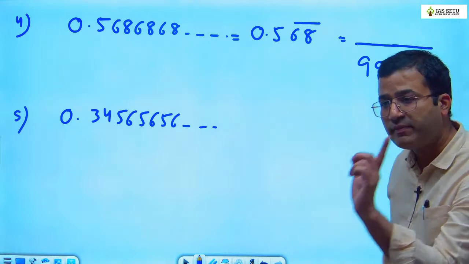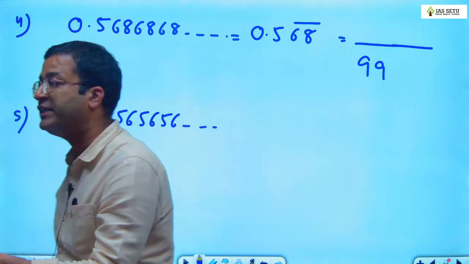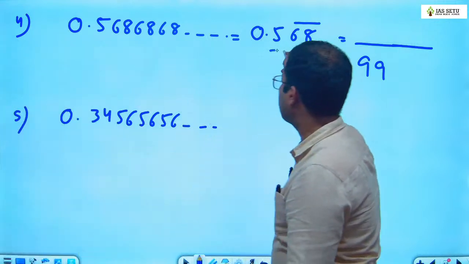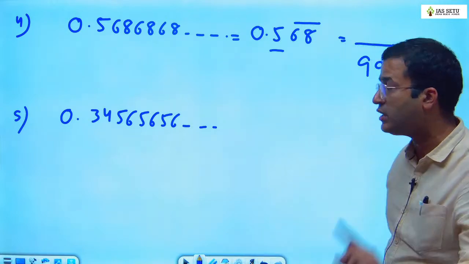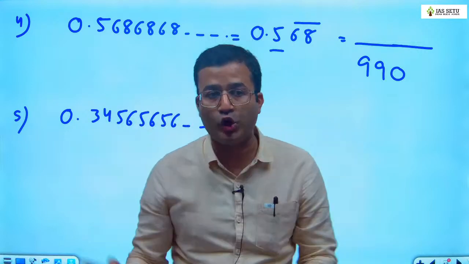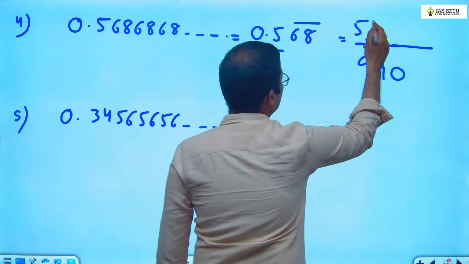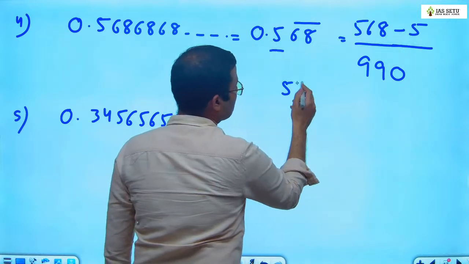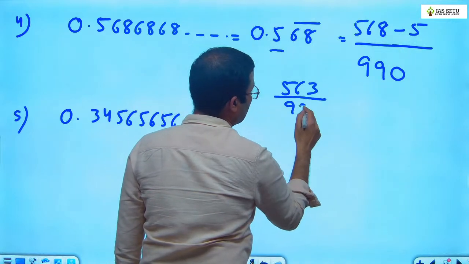After that, as many 0s as many digits between the decimal and the recurring part. How many digits between decimal and recurring part? 1, so one 0. Numerator is total number minus non-recurring. So your answer is 563 upon 990.